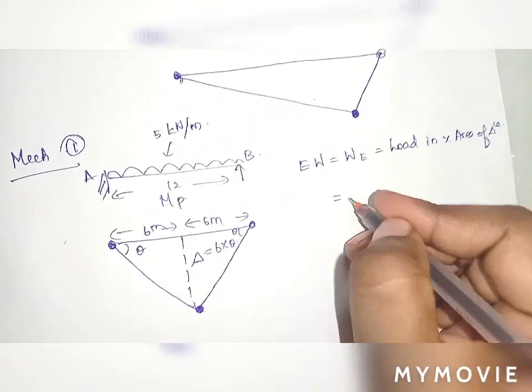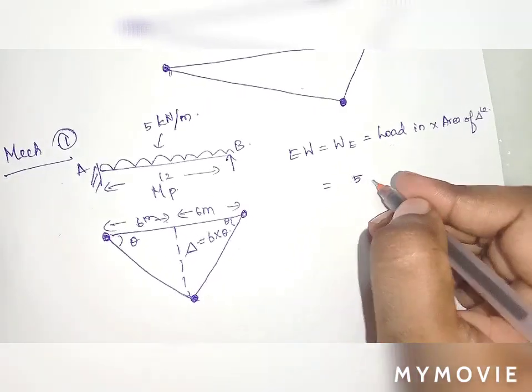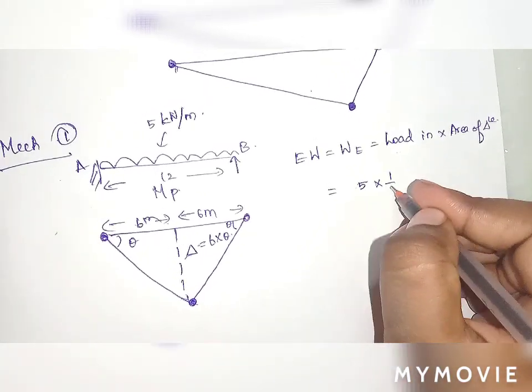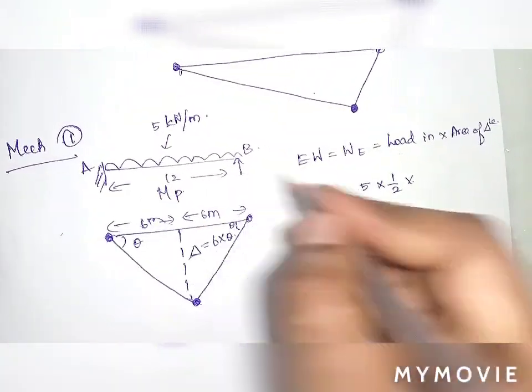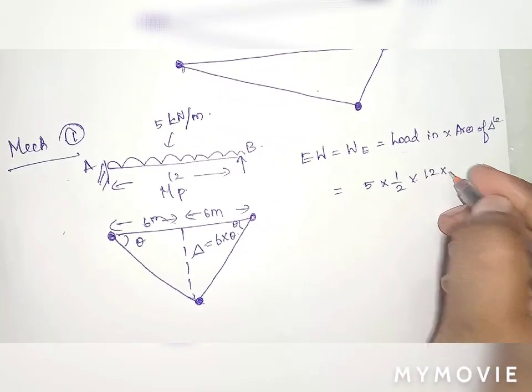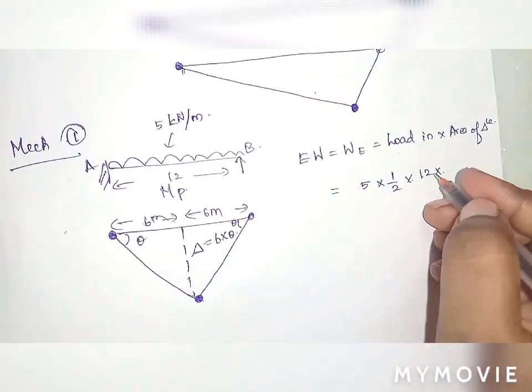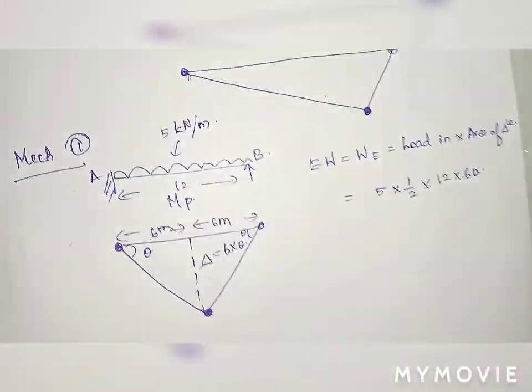Here what is the load intensity? 5, into the area of the triangle, half into base into height. What is the base? That is 12 meters into the height of the triangle. The height is the deflection, which is equal to 6 theta.